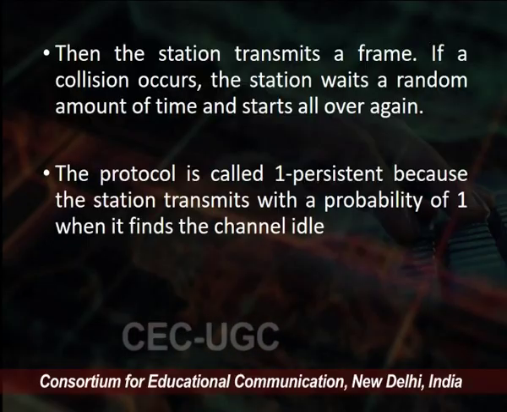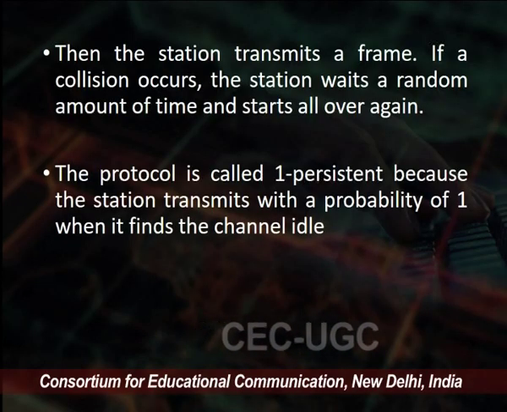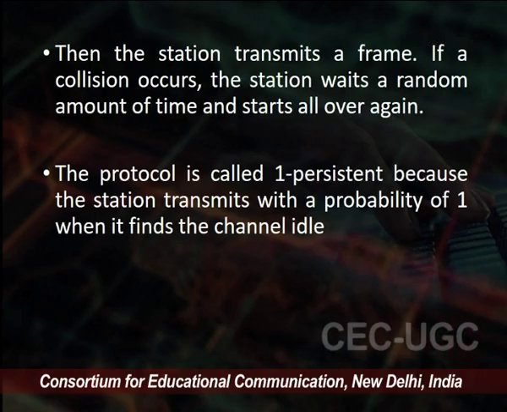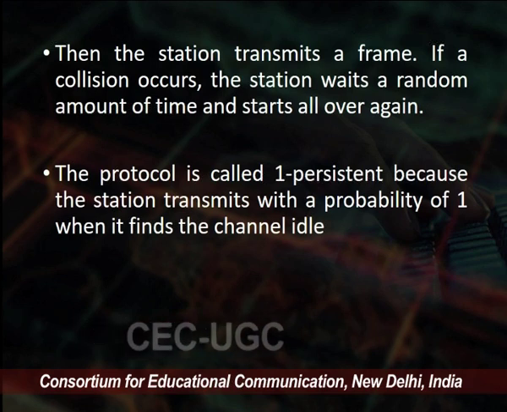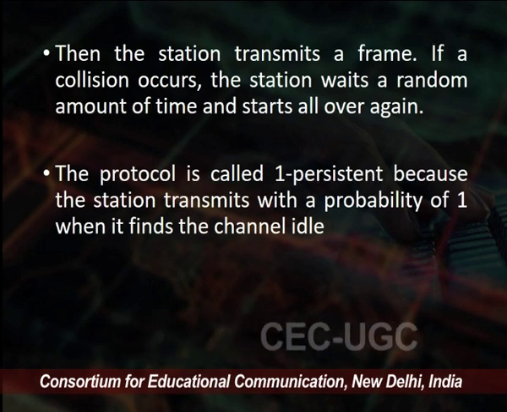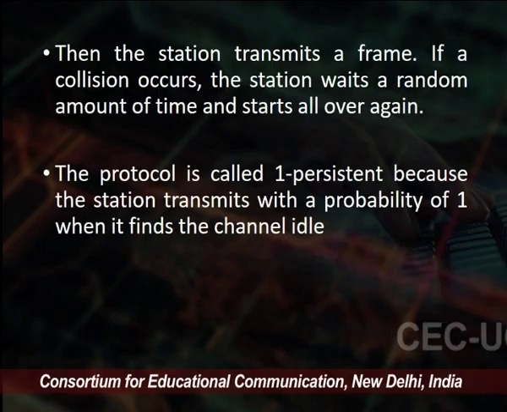Even then, if a collision occurs, the station waits for a random amount of time and starts all over again. This protocol is called one persistent CSMA because the station transmits with a probability of 1 whenever it finds the channel idle.